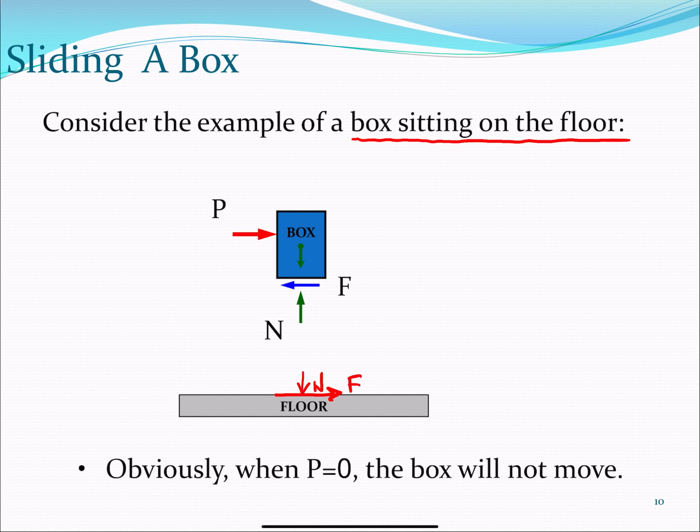So at the beginning, I'm going to try to show what happens when I go from an applied axial load of 0 to the maximum point until I make this box slide. When P is equal to 0, obviously there is no friction force.